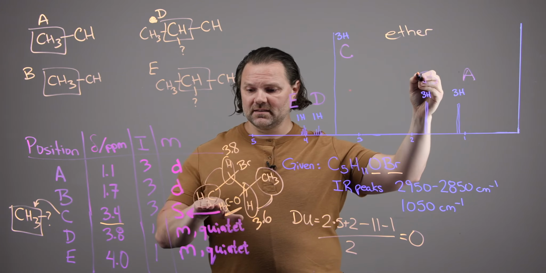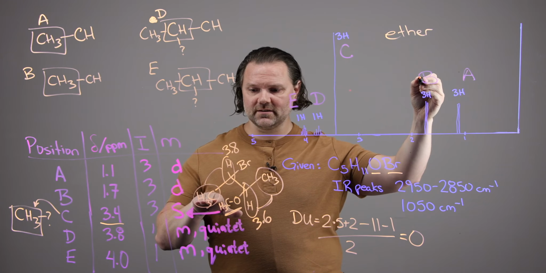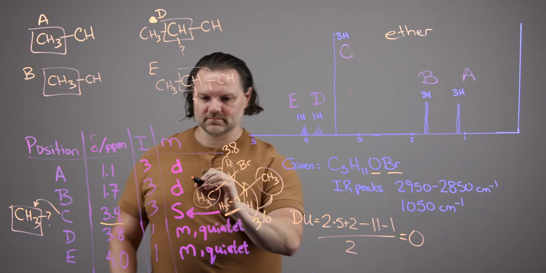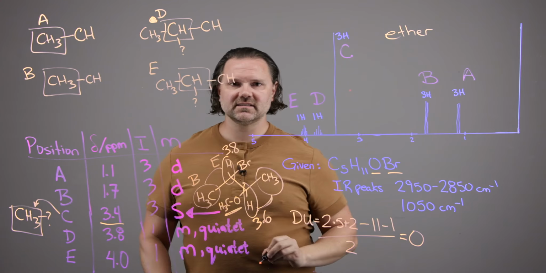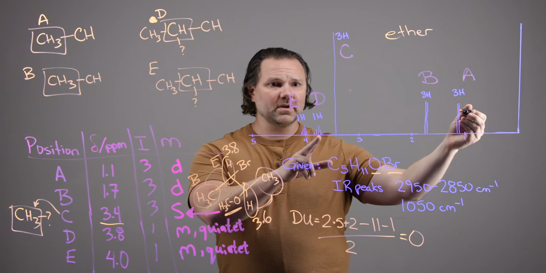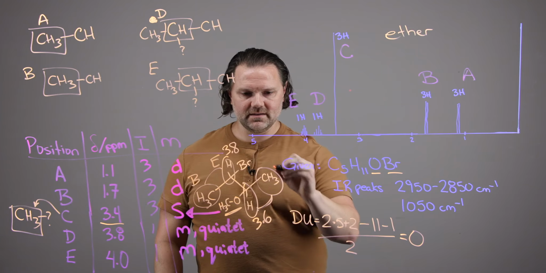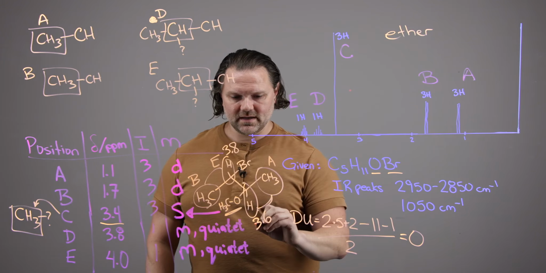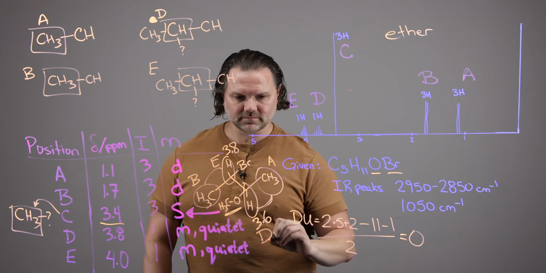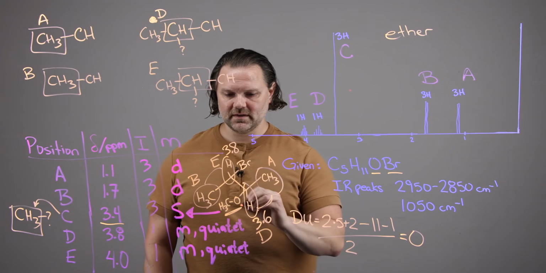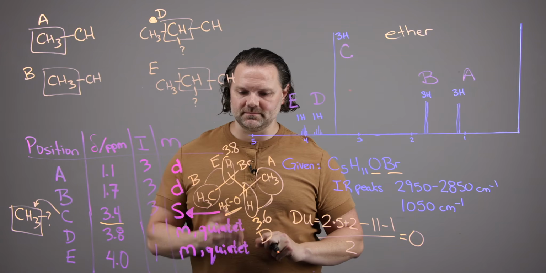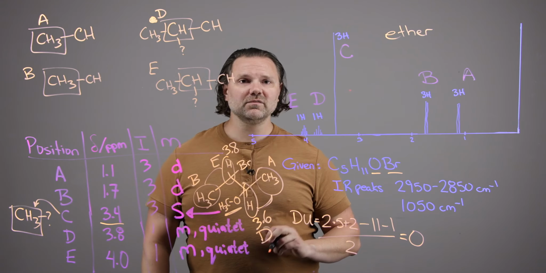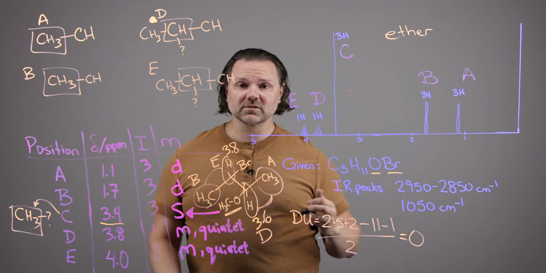Since B is the CH3 group over here, that means that E is the CH, and the other pair, A and D, A is the CH3 group, and D is the CH group, and there we have the ether component, which is signal C, and we've been able to figure out all of the components of our molecule.